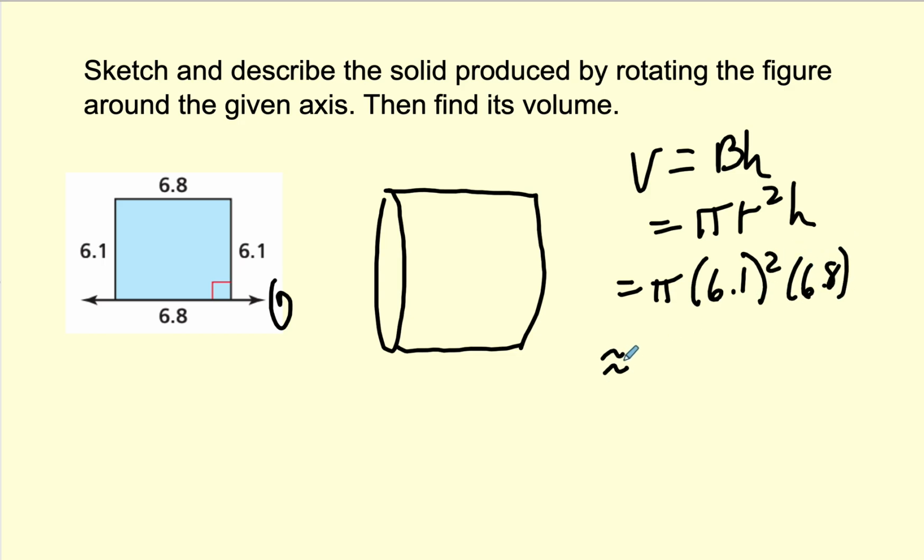Putting it in the calculator, I get 794.9, and since they didn't give me the units, I'll just say cubic units. This is where when we're in volume, we're in cubic.